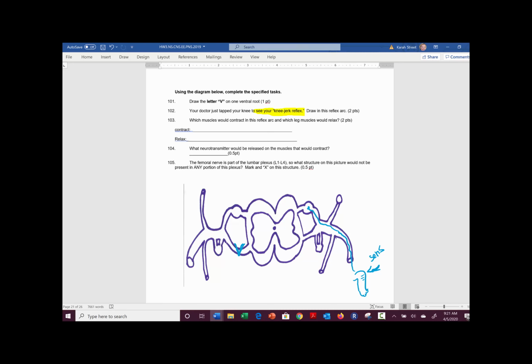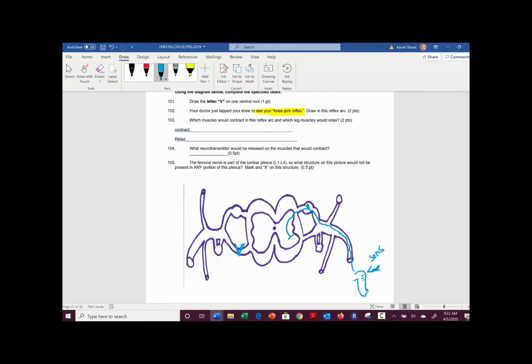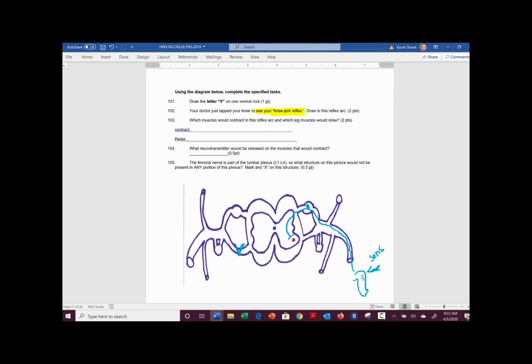Its cell body is in the dorsal root ganglion, and it's going to synapse on a somatic motor neuron. Remember, somatic motor neurons are part of our somatic motor nervous system. They target voluntary effectors. So this one, we're going to say a plus, because that sensory neuron is stimulating this somatic motor neuron, exits through the ventral root, enters the spinal nerve.